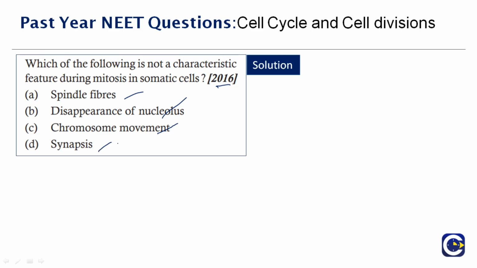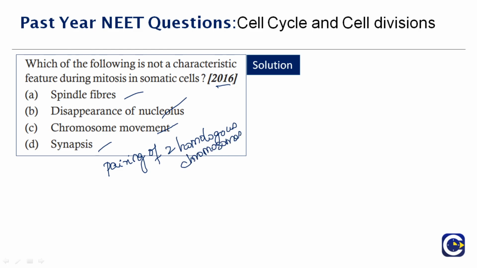What do you mean by synapsis? Synapsis is a pairing of two homologous chromosomes. So that is why it is not a feature during mitosis in somatic cells.